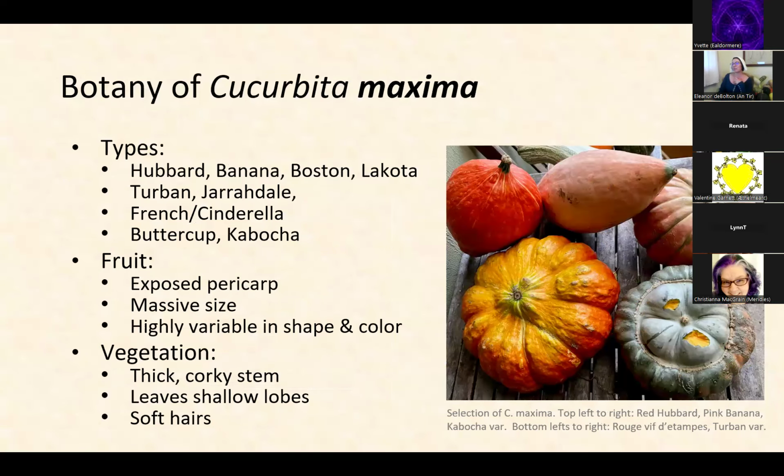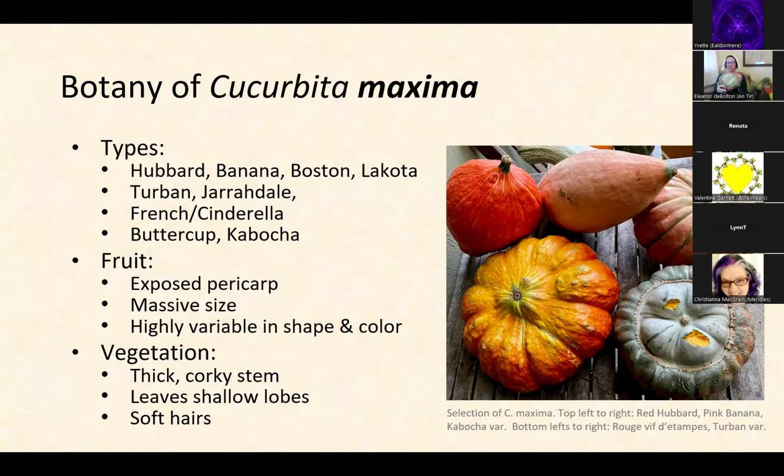And then the other type that we're going to be thinking about is the Cucurbita maxima. These are what a lot of people think of as our heirloom squashes. They're the Hubbards, the banana squashes, and then our turban squashes. And that's going to be a key feature that you want to pay attention to when you're looking at various types of imagery.